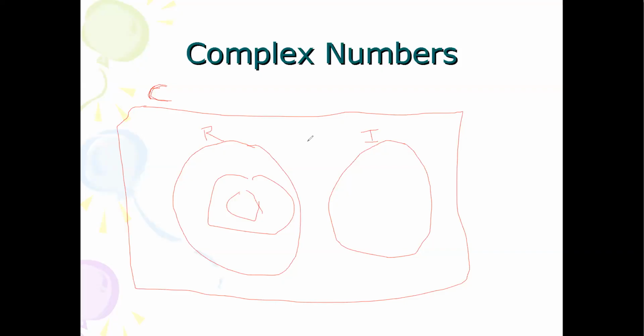It has a real part and an imaginary part. So all real numbers are complex numbers. All imaginary numbers are complex numbers. And there are complex numbers outside here that have both a real and imaginary part. Let's deal with that in the next slide.